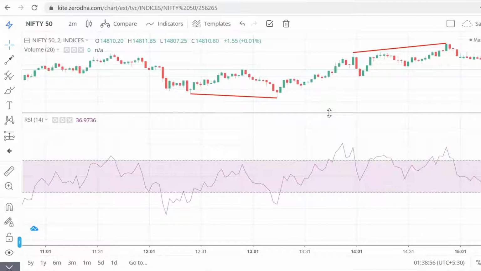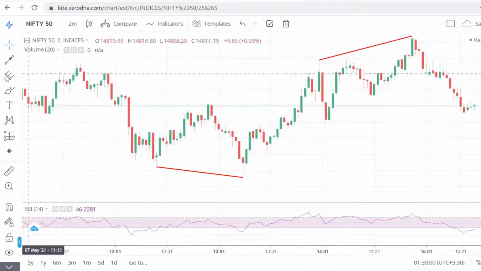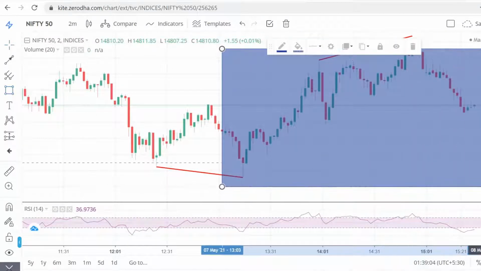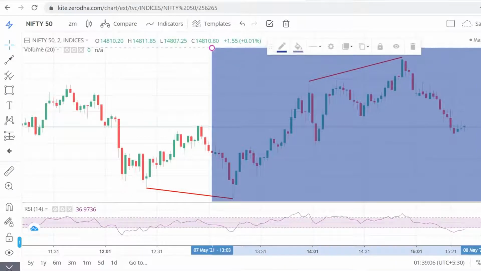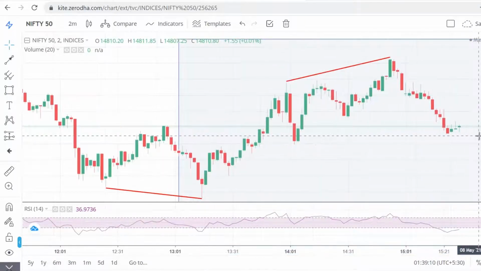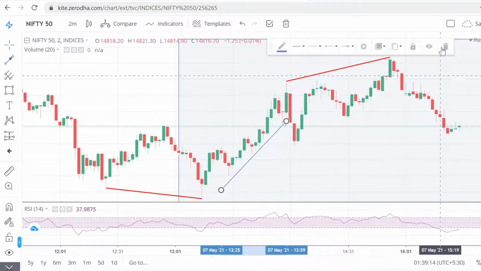Okay, so I have already marked 2 points here. I will be showing this zone particularly. What am I here? I am bullish for now.